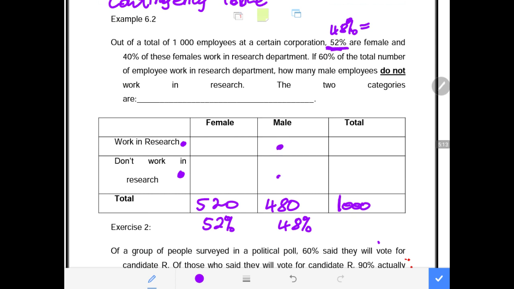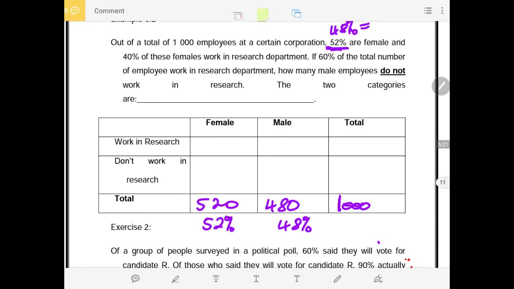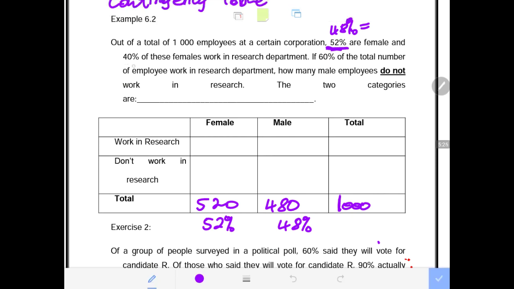Similarly with the males and the departments that they are working under. So now we continue in that same note. It says 40% of these females work in the research department. Take note, 40% of these females, meaning 40% of the 520, because these are the females that we have.